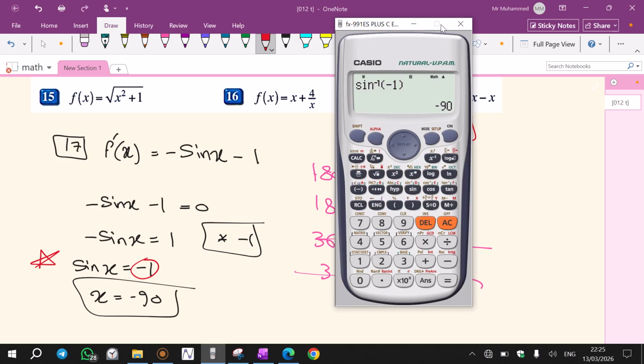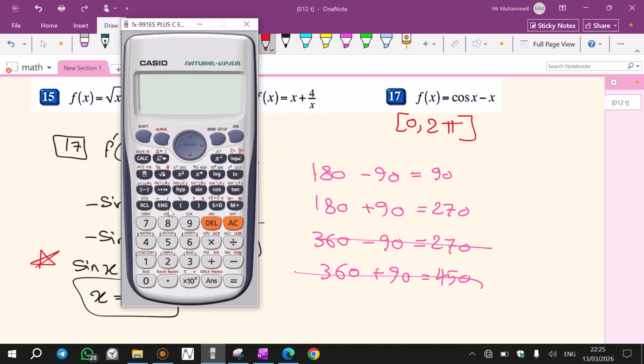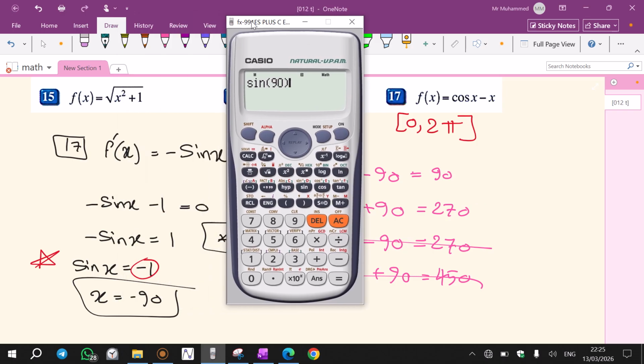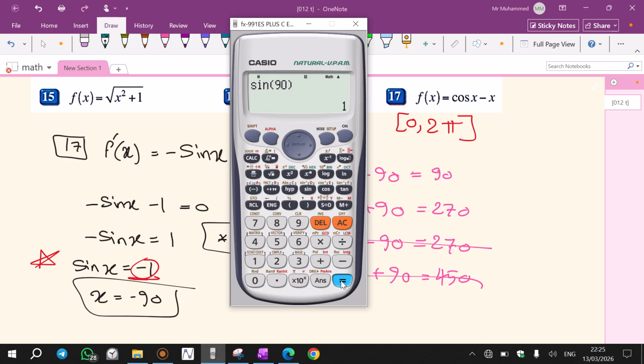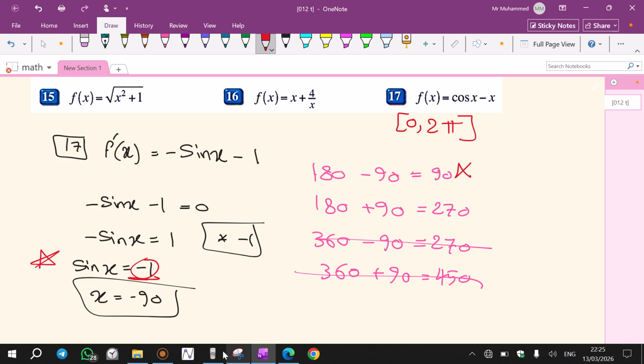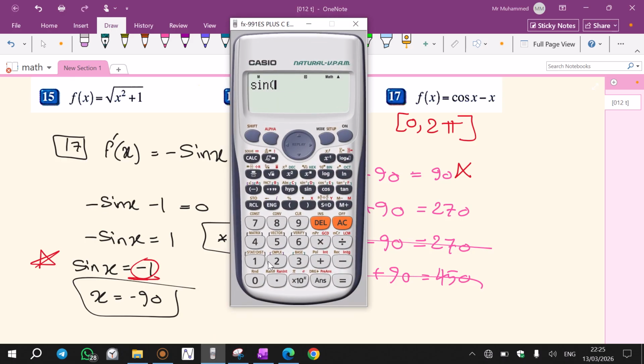Now using the calculator again, you don't need to memorize anything. Sine 90. If I get the result negative 1, then I would accept 90. If no, I reject it. For 90, I did not get negative 1, that is rejected. Now let's check 270. 270 makes sine negative 1, that is accepted.